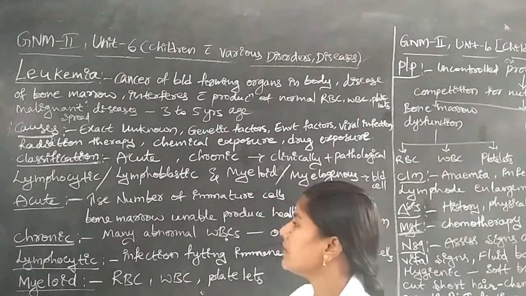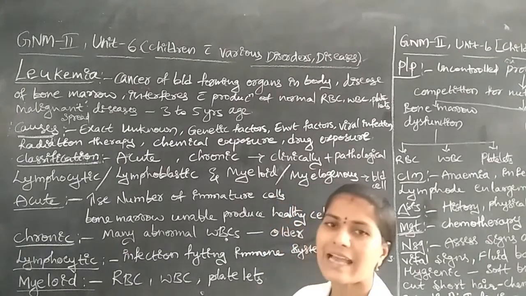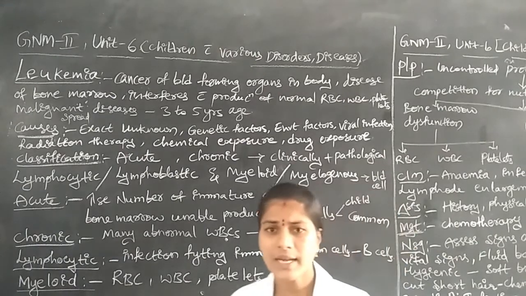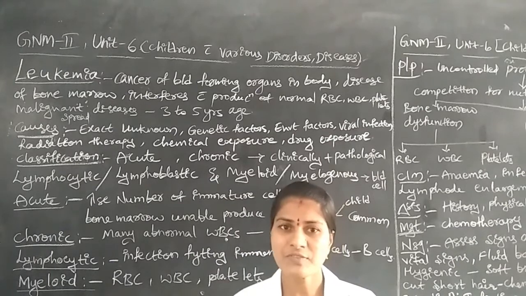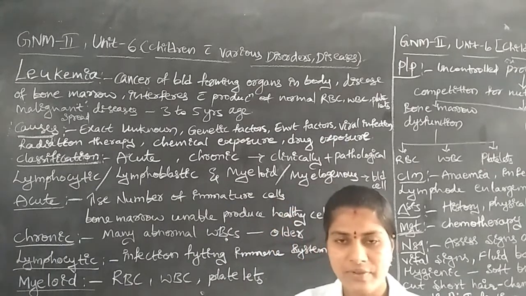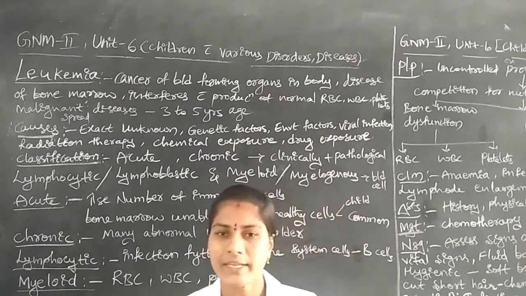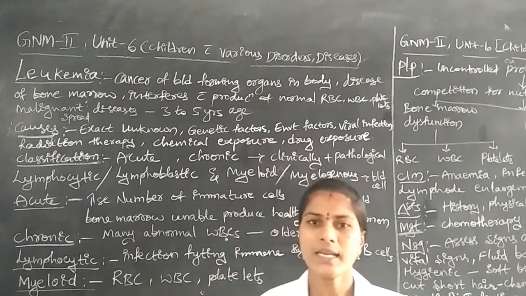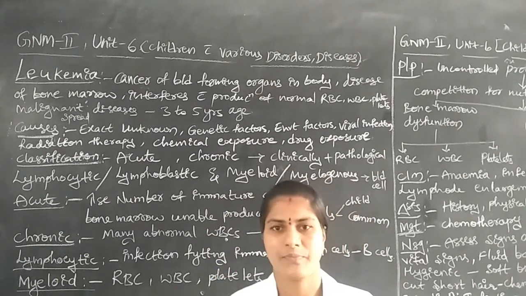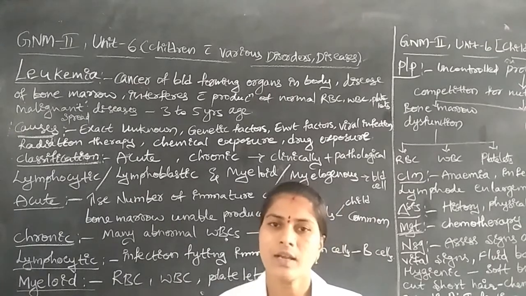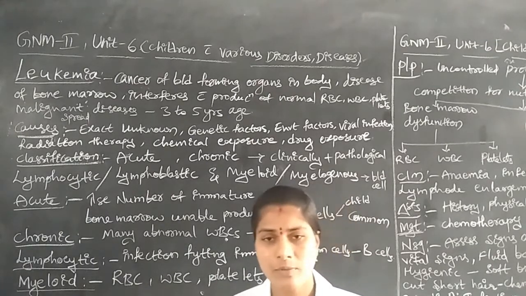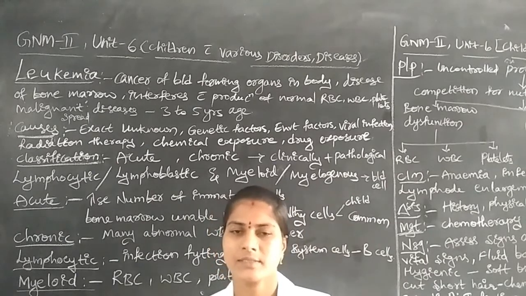Next, we are going to discuss classification. In classification, there are mainly two types. The first one depends upon the severity, clinically or pathologically. The leukemia occurs over many days or many weeks or many months.